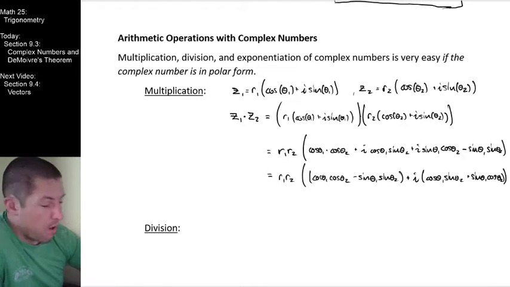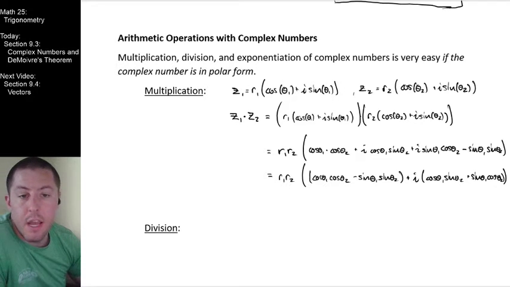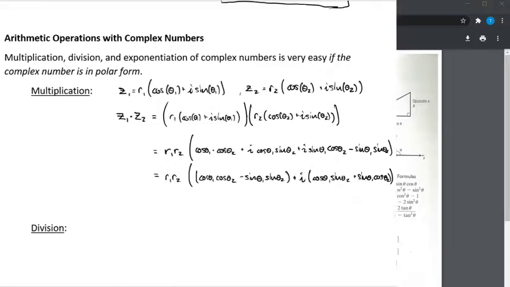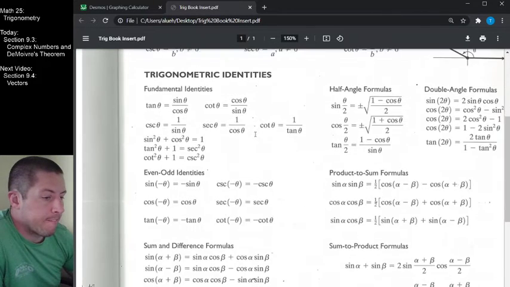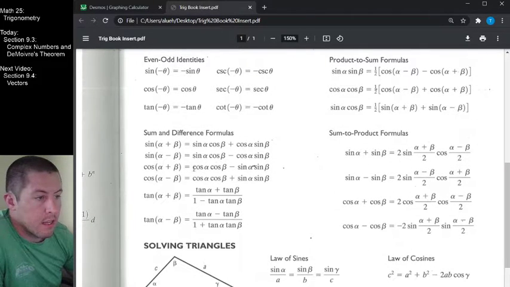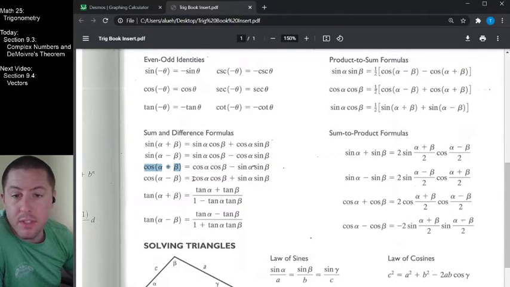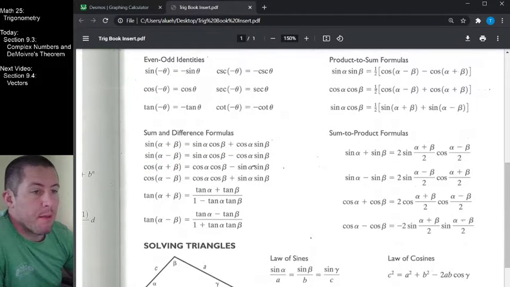So our first grouping of terms looks like cosine, cosine minus sine, sine of their respective angles. And I've seen that before. There it is. Cosine, cosine minus sine, sine looks like that's really the sum formula for cosine. That's cosine of theta 1 plus theta 2. So I've got my first term here.